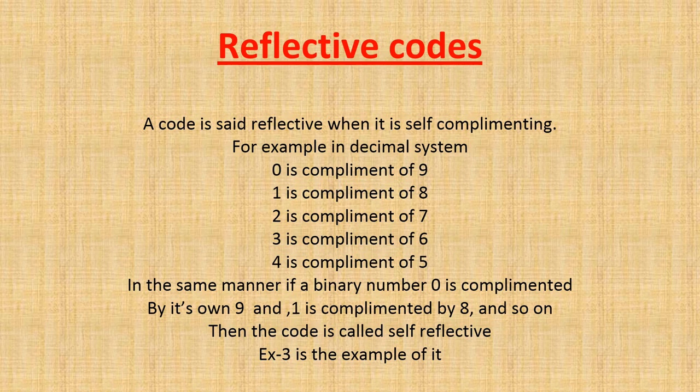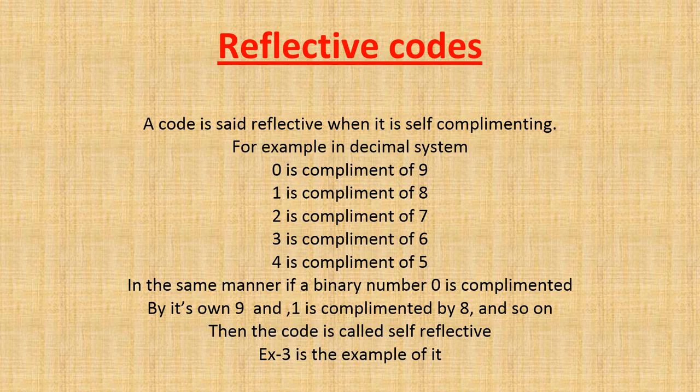If we start from the decimal number system, the sum of 0 and 9 is 9, which is the biggest number of the system. The sum of 1 and 8 is also 9, and in the same manner, the sum of 2 and 7 is again 9. Such numbers are called the complement of each other.